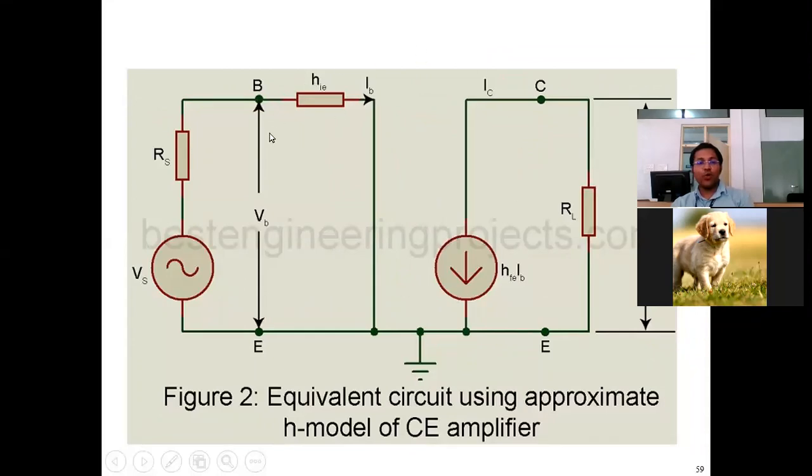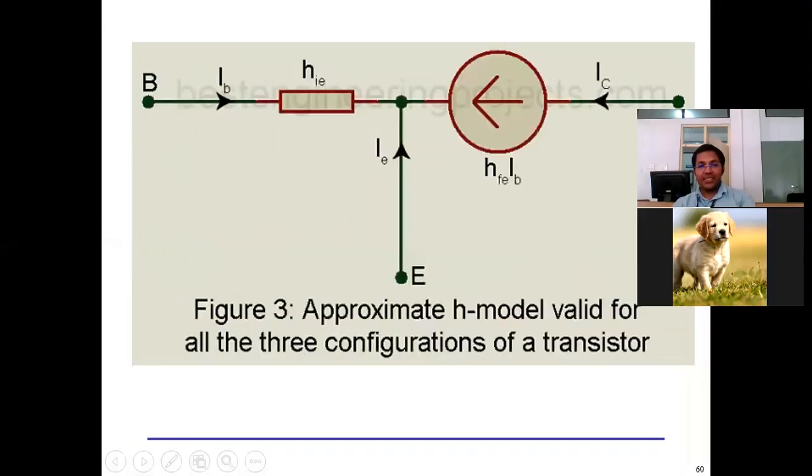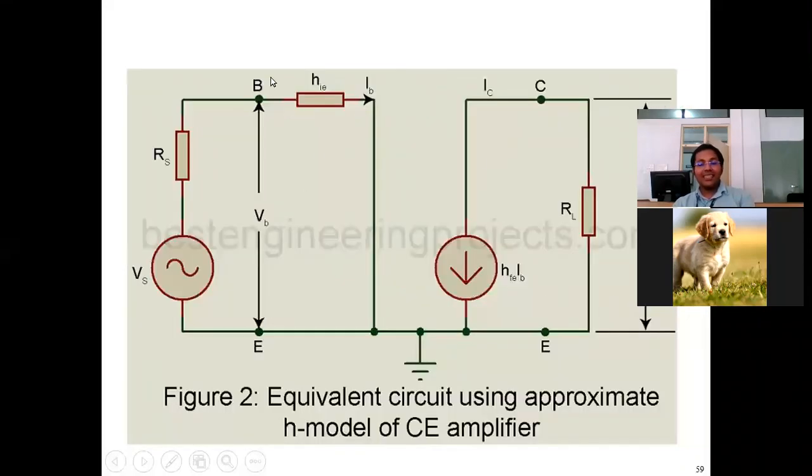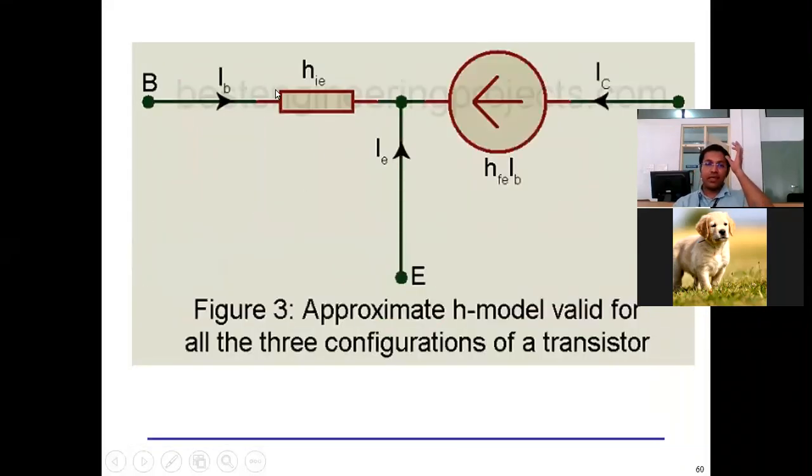This is like a two-port network. BE, two terminals, CE, two terminals. So two ports for the transistor. This entire BEC I can represent like this. Unlike this, I have three terminals, so I can use this for any configuration.